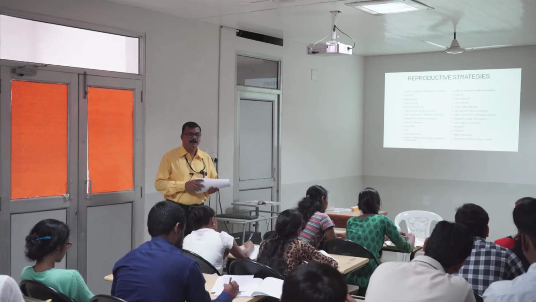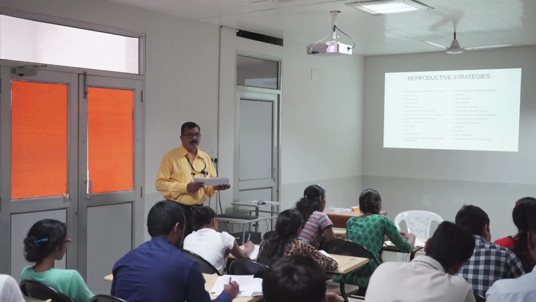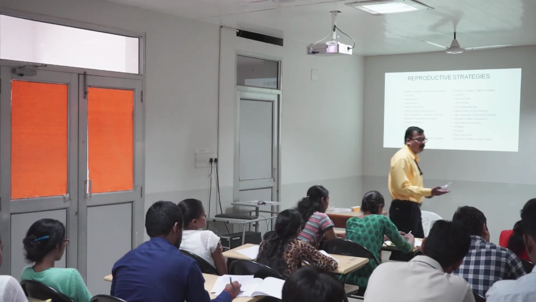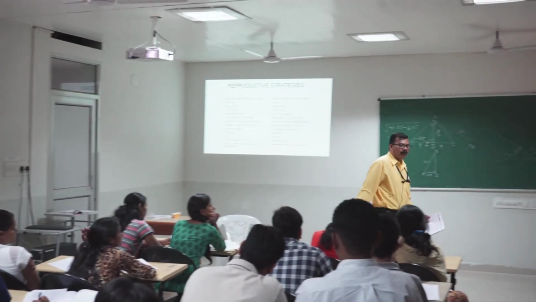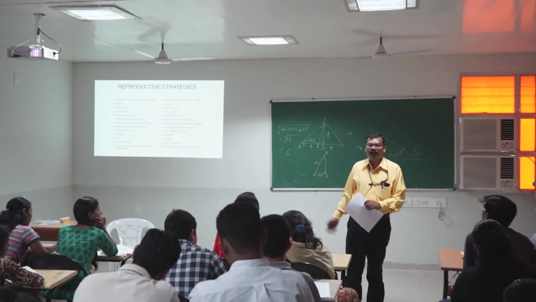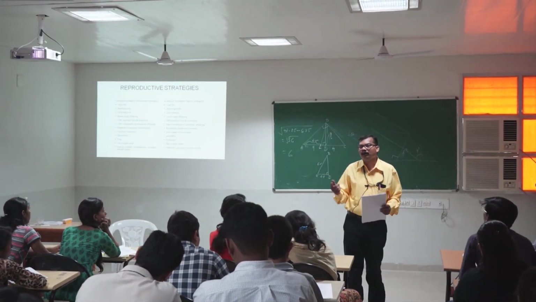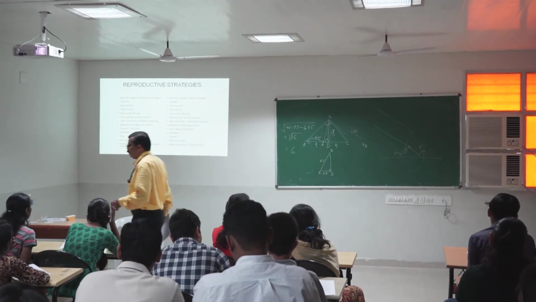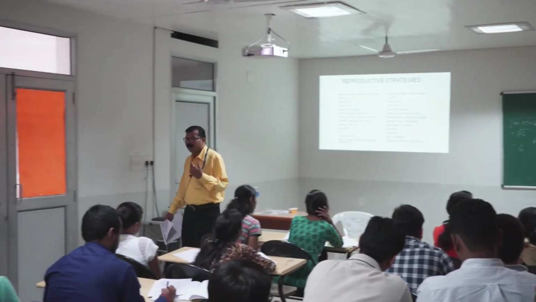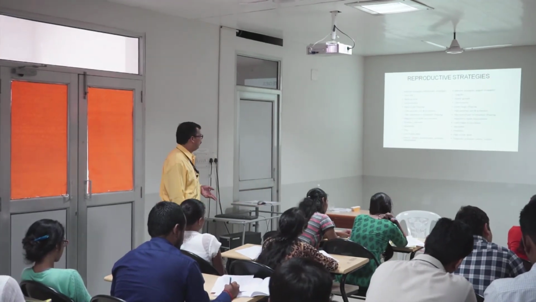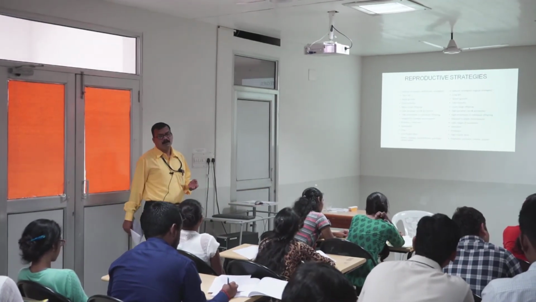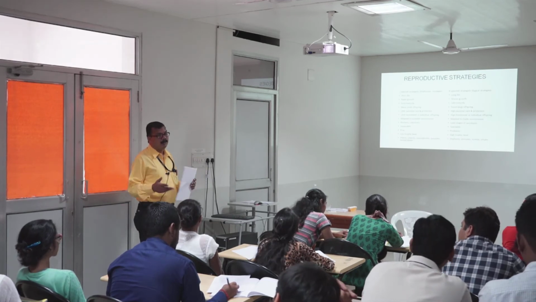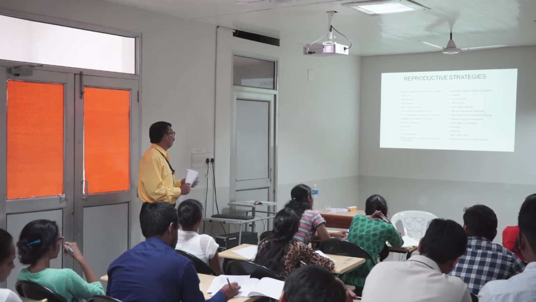Early maturity. Human beings achieve maturity at the age of 18 years, whereas flies or some animals achieve maturity quickly. Many small offspring at a time, they give more offspring, like rodents.